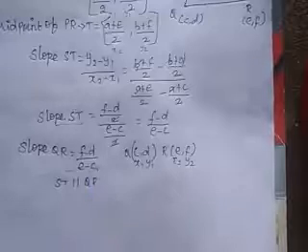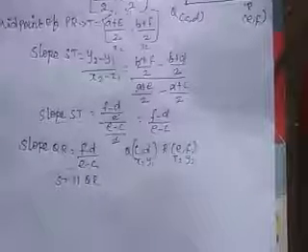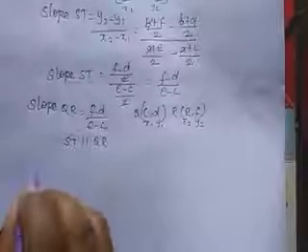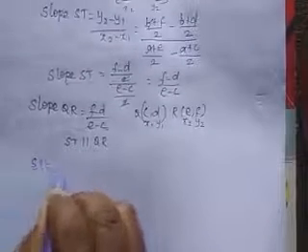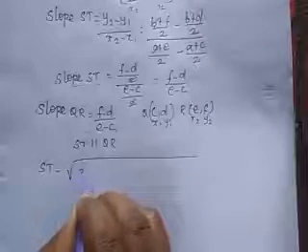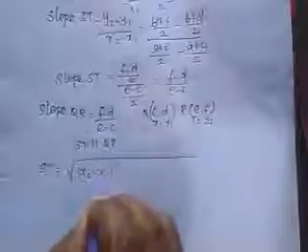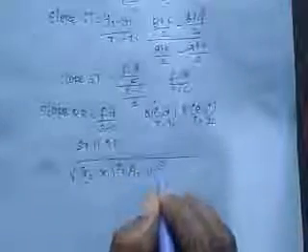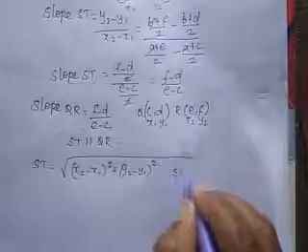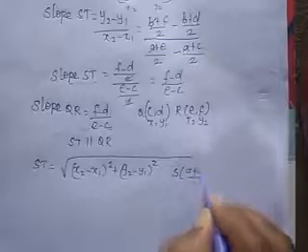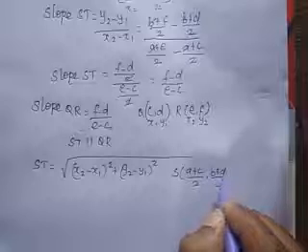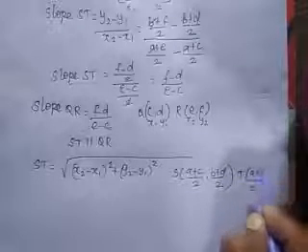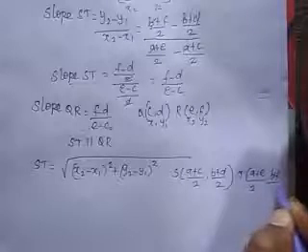Then they are asking that the length of ST is equal to half of QR. So shall we find the length of ST? You know the length is equal to the square root of x2 minus x1 the whole squared plus y2 minus y1 the whole squared. Here S is (A plus C by 2, B plus D by 2) and T is (A plus E by 2, B plus F by 2).